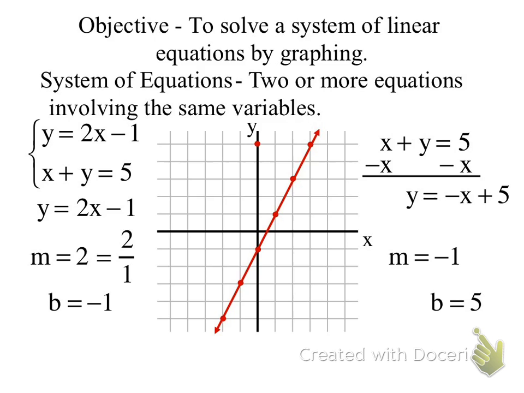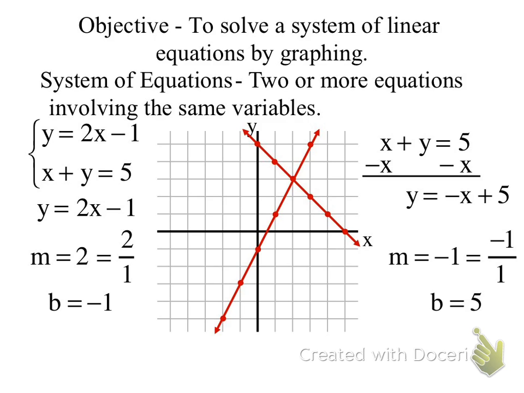And now what am I going to do? You're going to rise -1, run +1. So that would be down 1, right 1. Down 1, right 1. And then I draw my line through it.